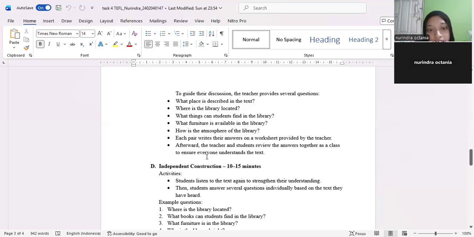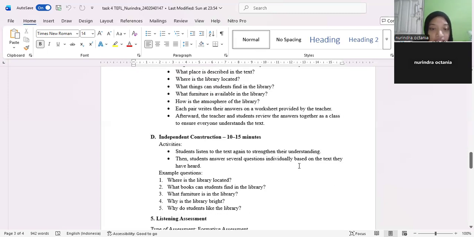And each pair writes their answer on a worksheet provided by the teacher. Afterward, the teacher and students review the answers together as a class to ensure everyone understands the text.